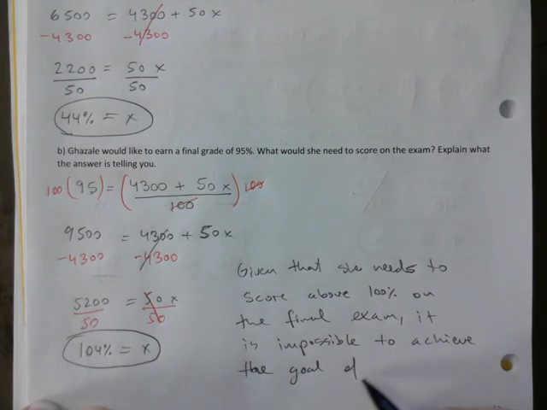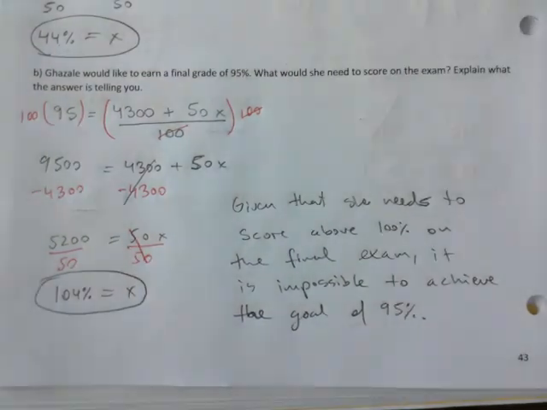The goal of 95% average. And if you want your overall average to be 95, it's impossible. So you could probably aim for 90, something in that, or just maybe 92 will work, but not 95%. It's impossible.